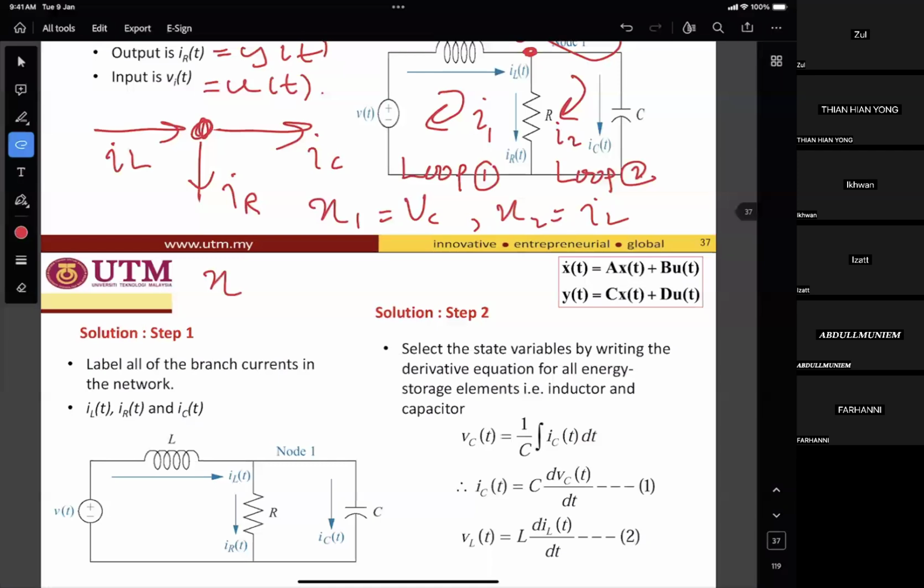Don't know. Nadia, do you know the answer? What is the derivative state variable?